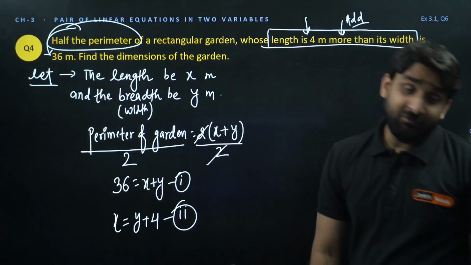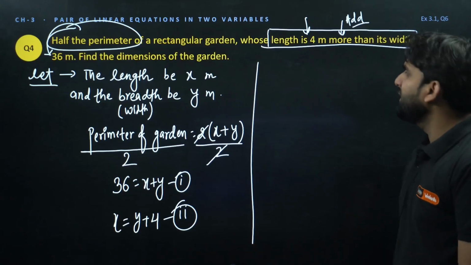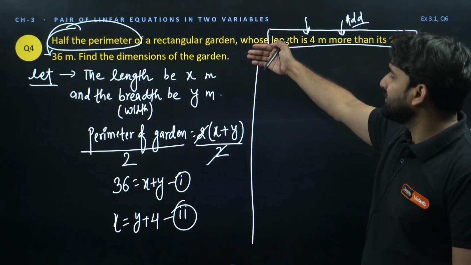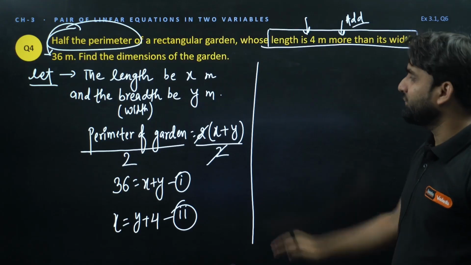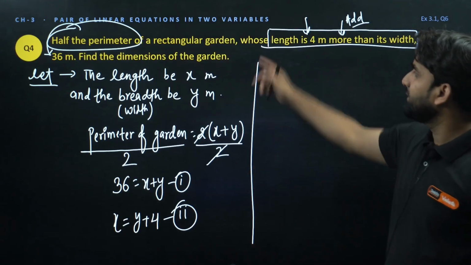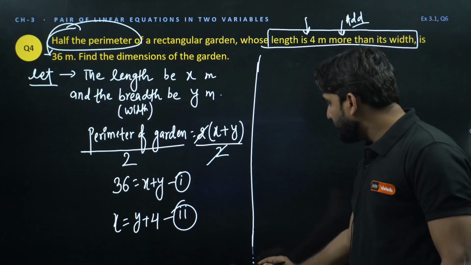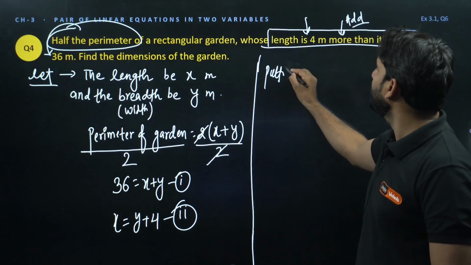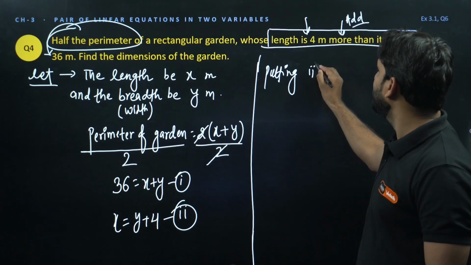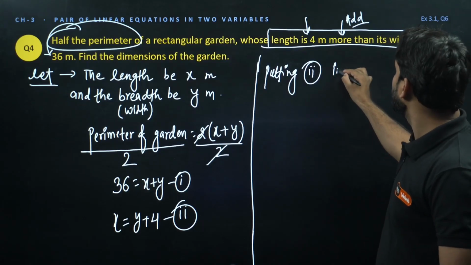Wow, we have 2 equations. Now we can use substitution method, because here the question is not saying to apply any particular special method, so we can use any method. So putting equation 2, or we can say substituting 2 in first.